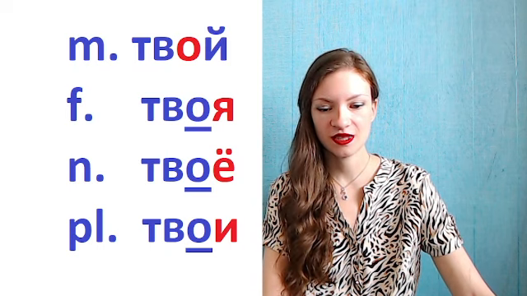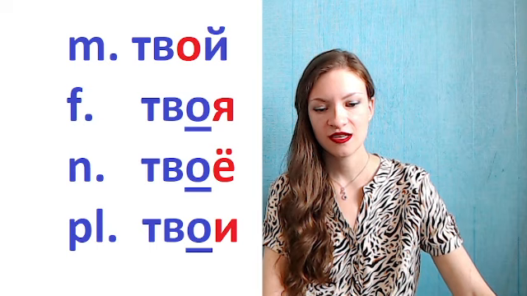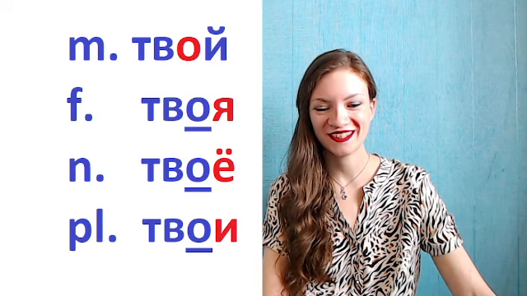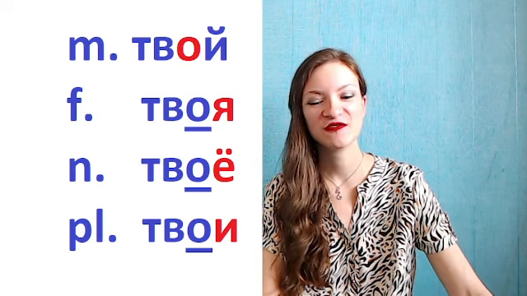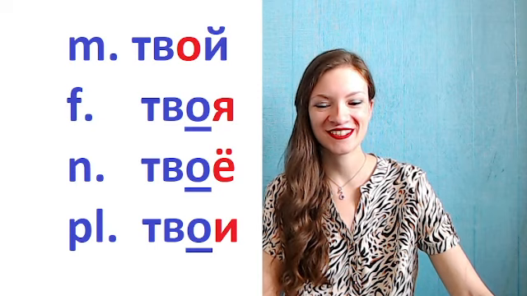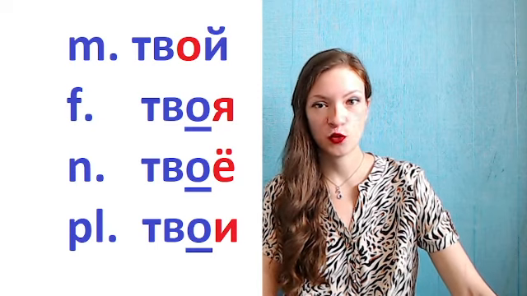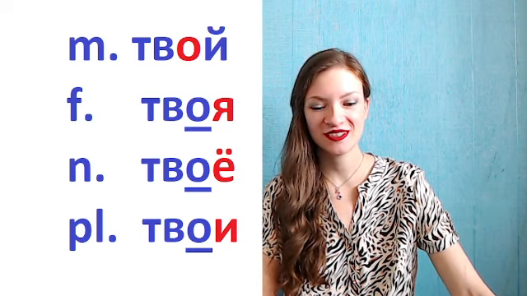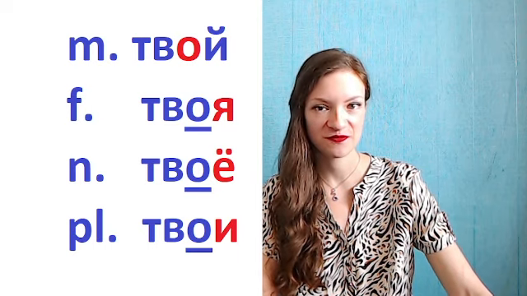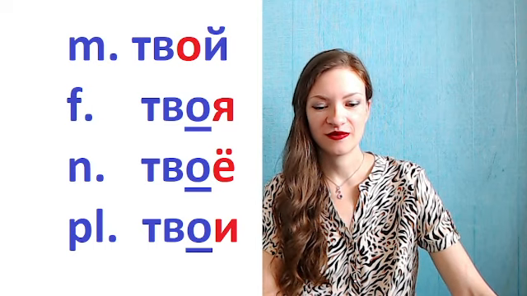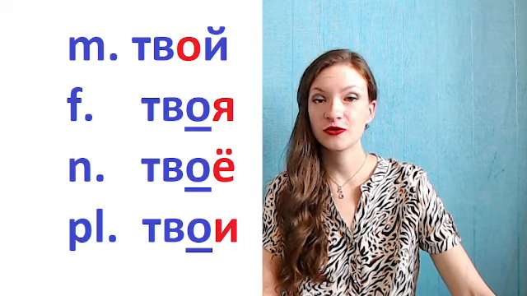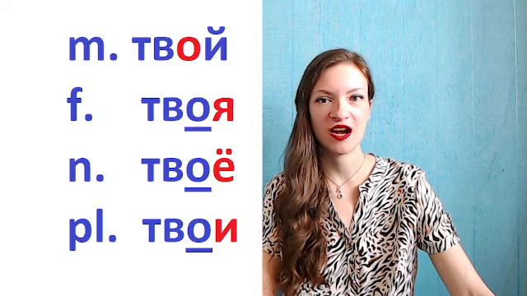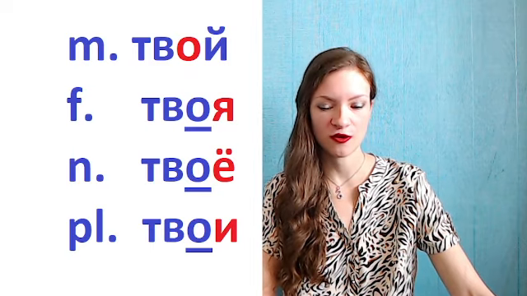In feminine, твоя, твоя. So here the same story as we had with that Russian pronoun моя. The stress is in the last syllable, я. So this о that I underlined to attract your attention is in weak, unstressed position. So you say твоя. And in neuter gender, we say твоё, твоё.